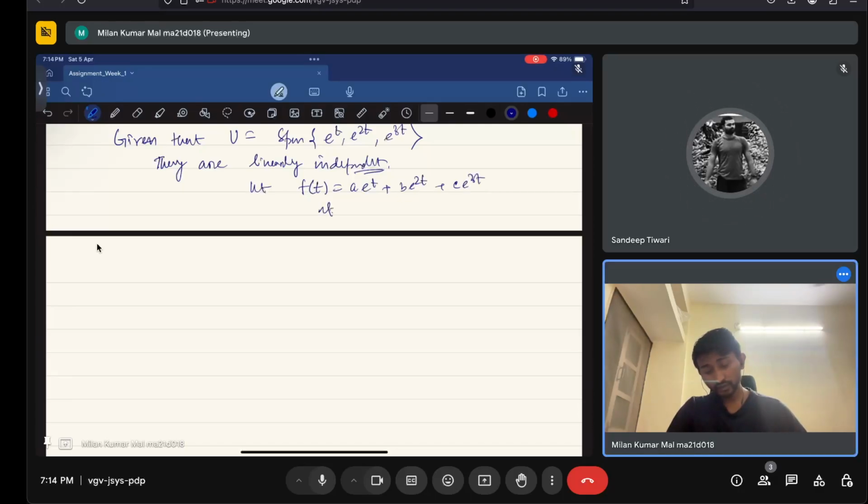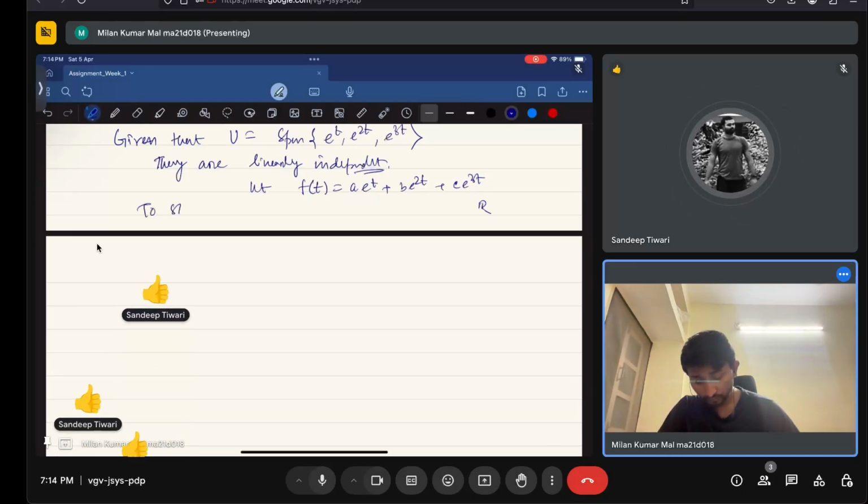If f(t) equals 0 for all t belongs to real numbers, we have to show that e to the power t, e to the power 2t, e to the power 3t are linearly independent.